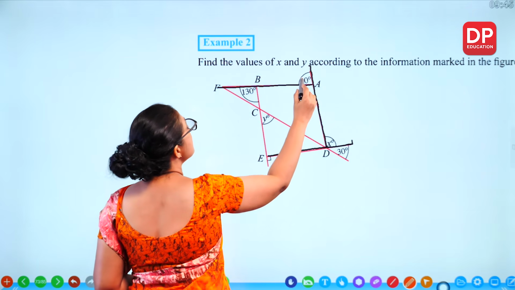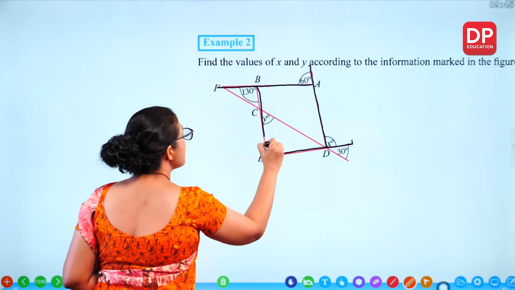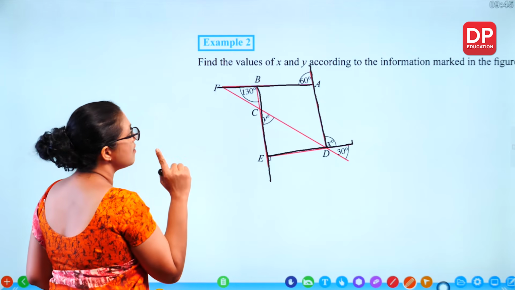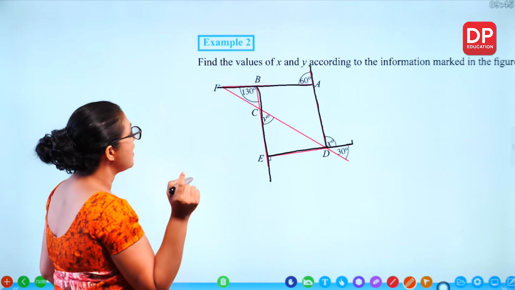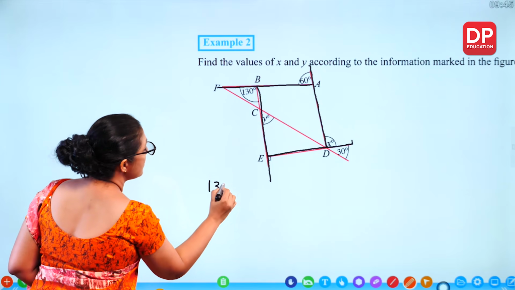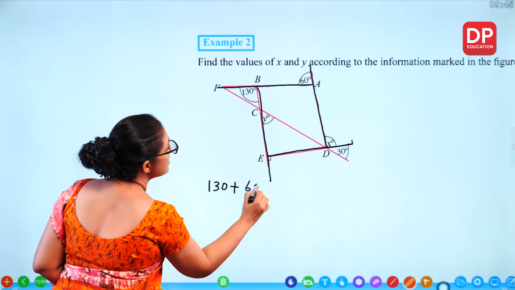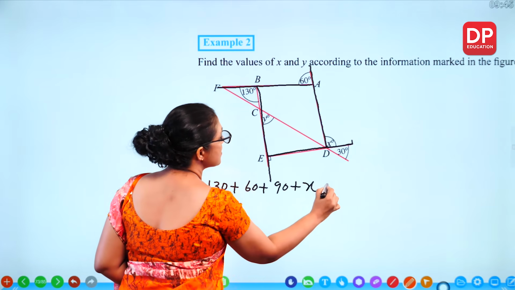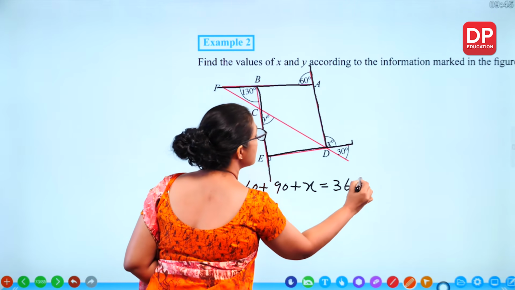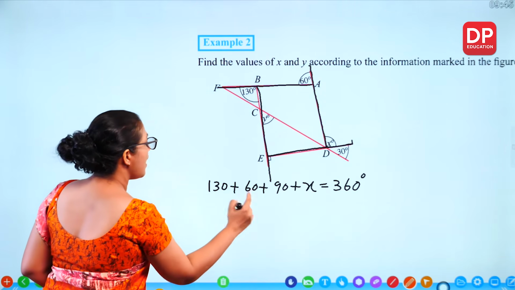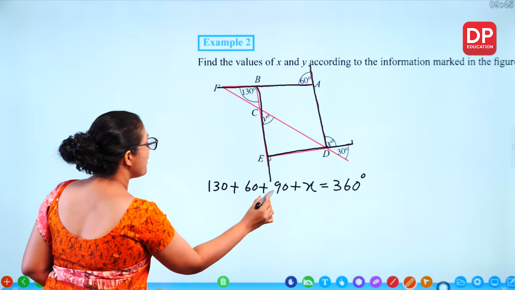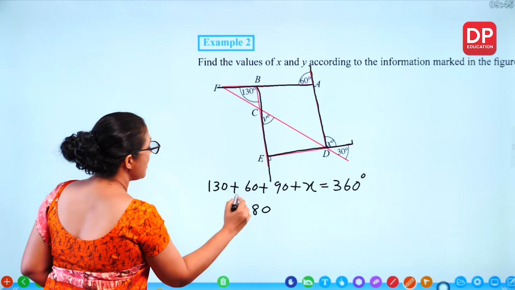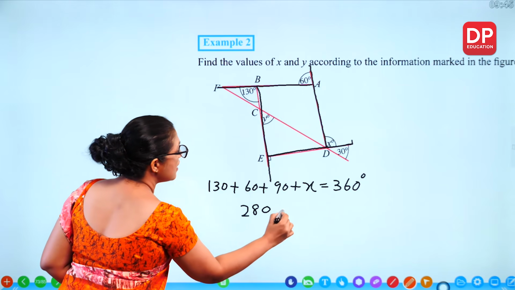X, 60, and then when you extend this line, you get 130 and 90. All these are exterior angles. So 130 plus 60 plus 90 plus x is 360. Add these three, you get 280.